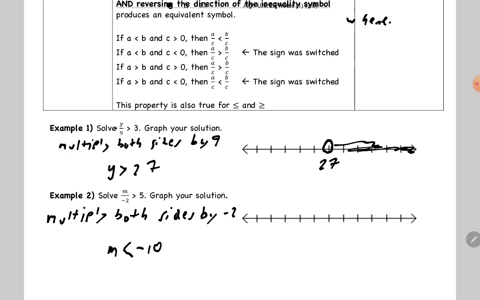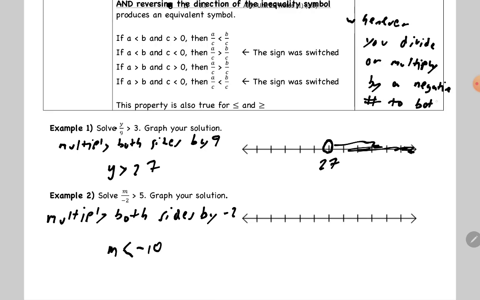Whenever you divide or multiply by a negative number to both sides, then you change the inequality.